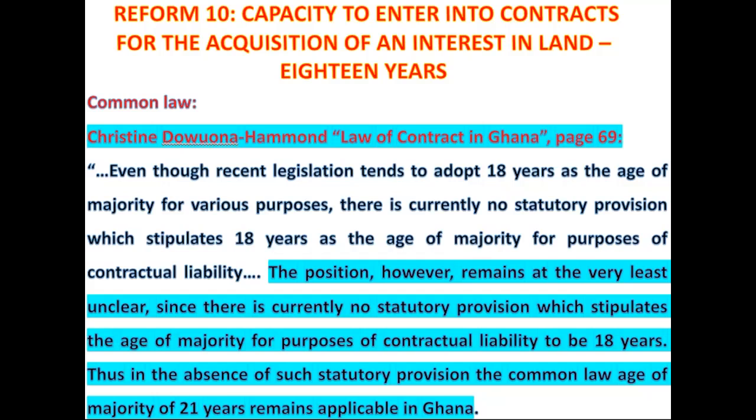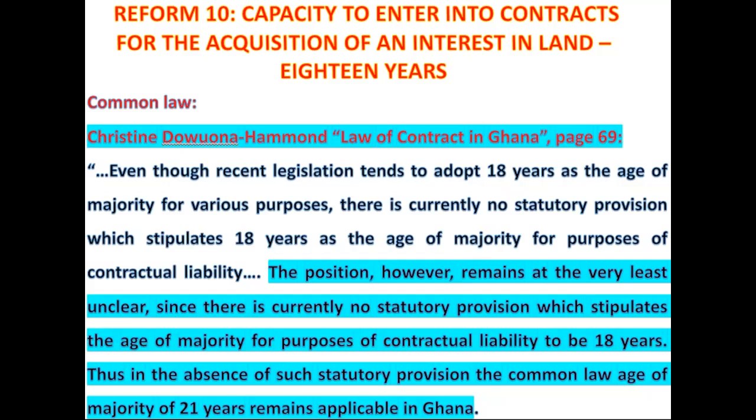The position, however, remains at the very least unclear. Thus, in the absence of any such statutory provision, the common law age of majority of 21 years remains applicable in Ghana.